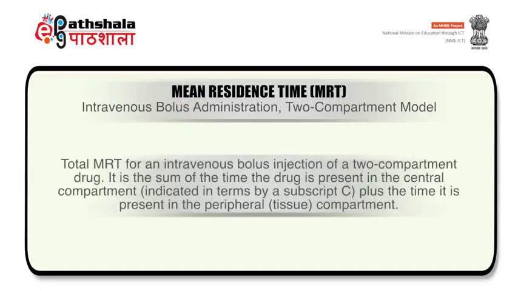Total MRT for an intravenous bolus injection of a two-compartment drug is the sum of the time the drug is present in the central compartment, indicated in the term by a subscript C, plus the time it is present in the peripheral tissue compartment, indicated in the term by a subscript peri.